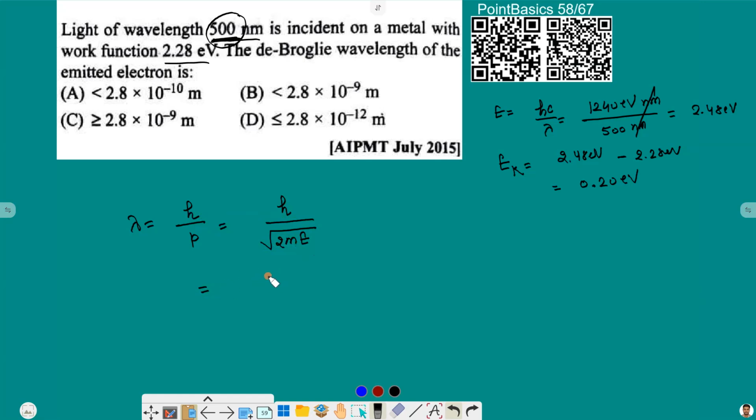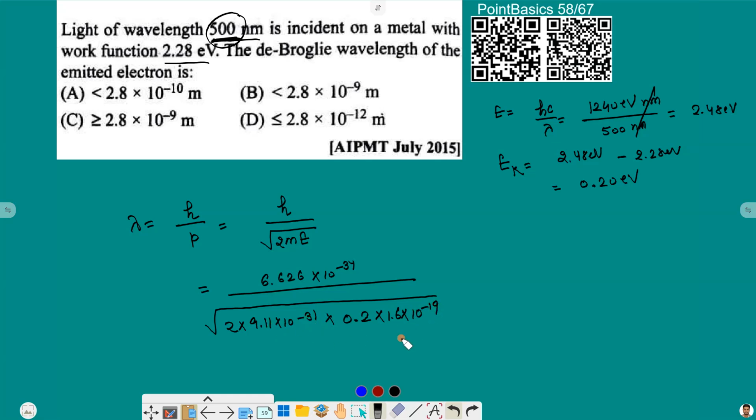Now the value of h will be 6.626 times 10 raised to power minus 34, divided by under root, here we will have twice the mass, that is 9.11 times 10 raised to power minus 31, and energy, it is in electron volt, so 0.2 into 1.6 into 10 raised to power minus 19.